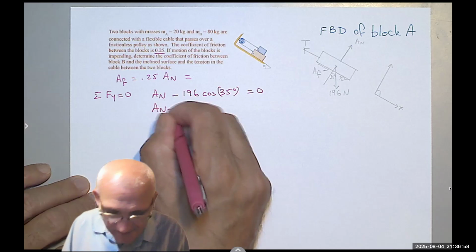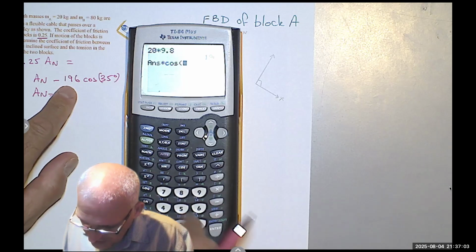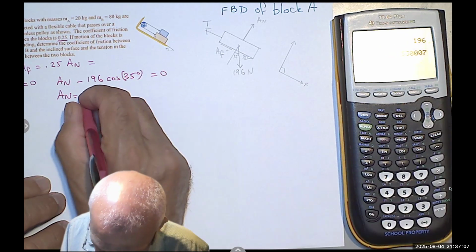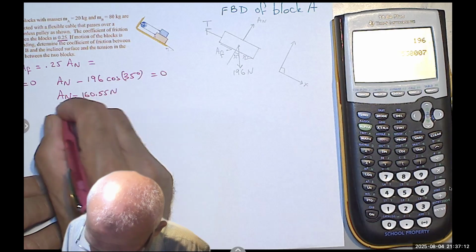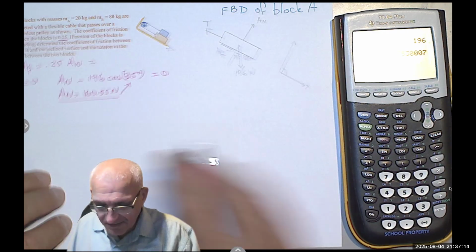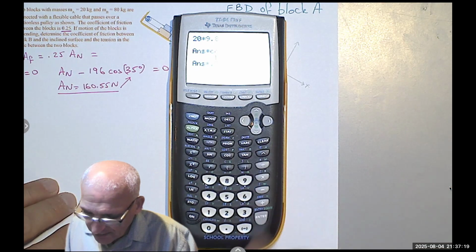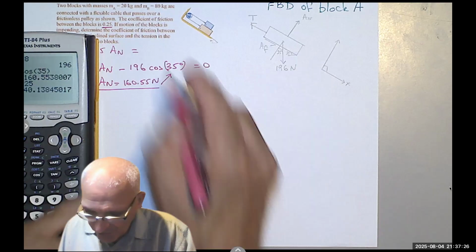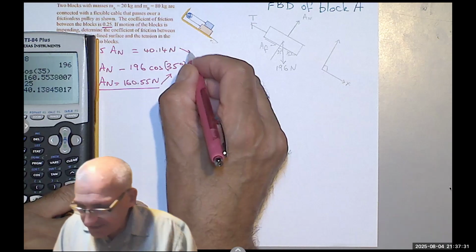So A sub n equals, we already have the 196, so we multiply it by cosine 35, and we get 160.55 Newton, and it's going in this direction. Then I can come back here and multiply it by 0.25 or divide by 4 and get this to be 40.14 Newton. It's in that direction.